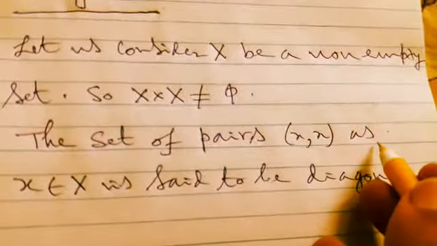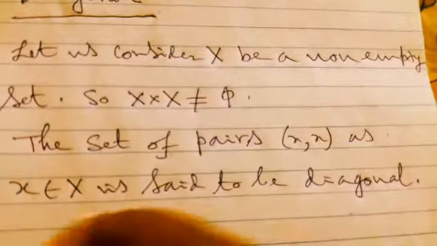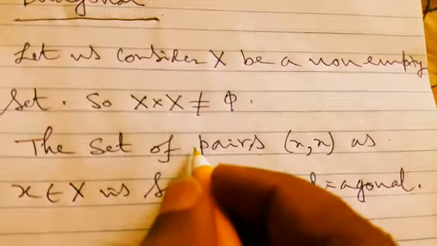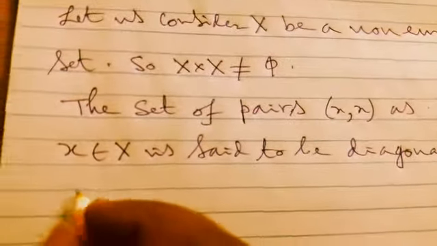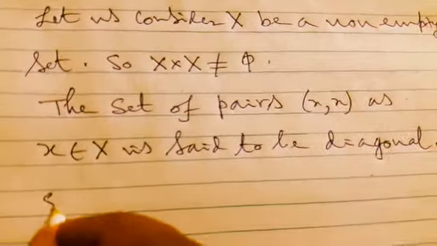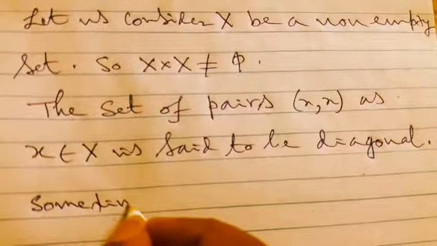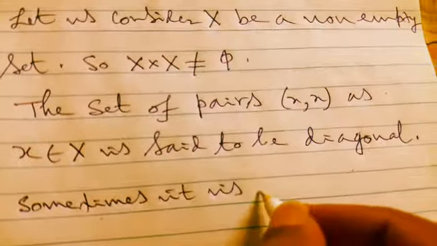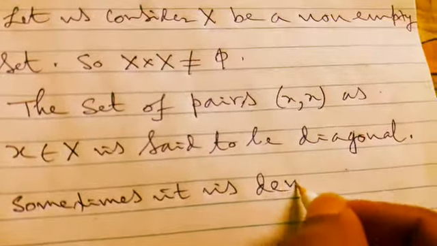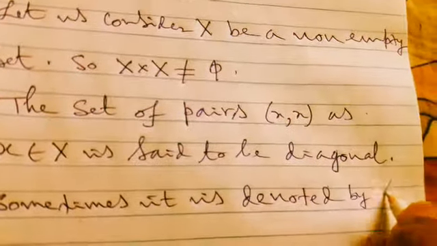Actually, X is arbitrary, so the set of all pairs of this type are called the diagonal, and sometimes it is denoted by the sign delta.